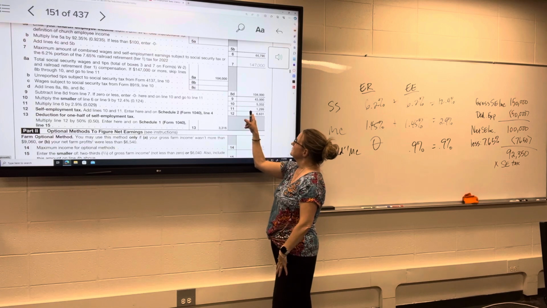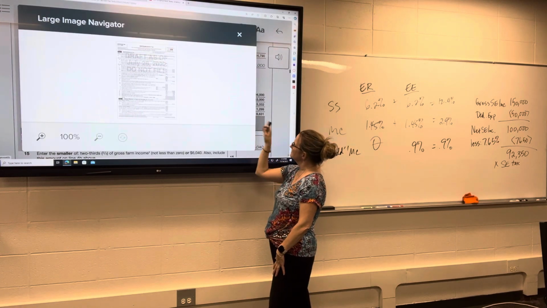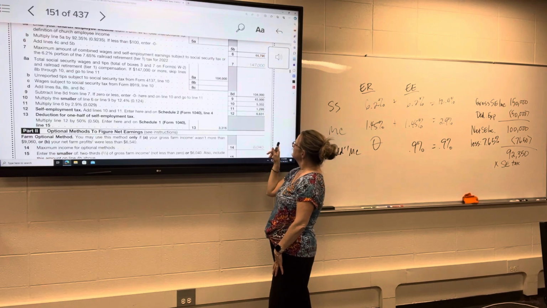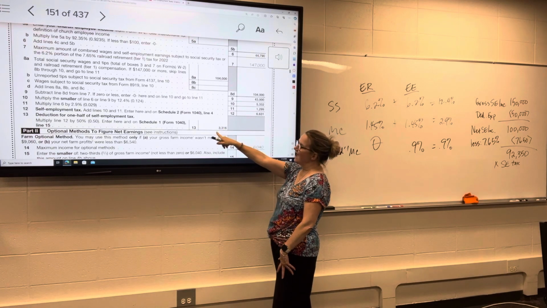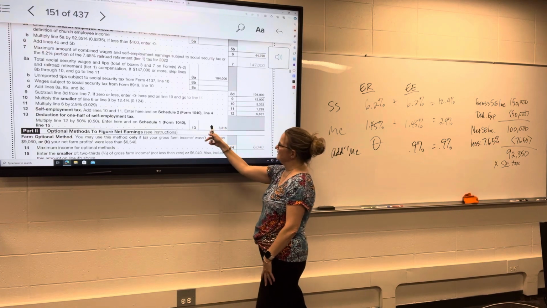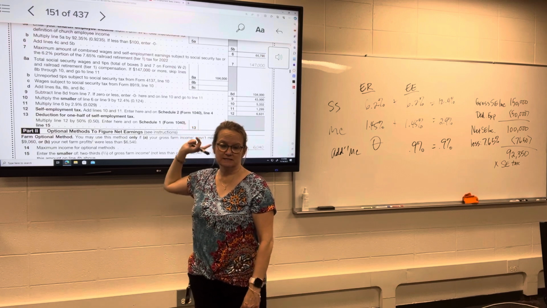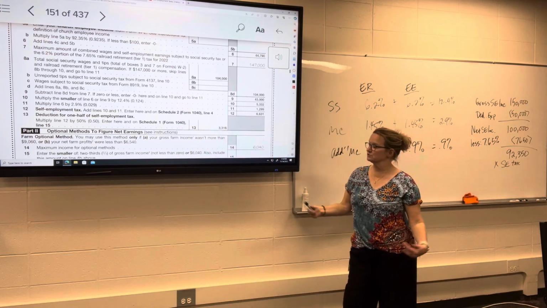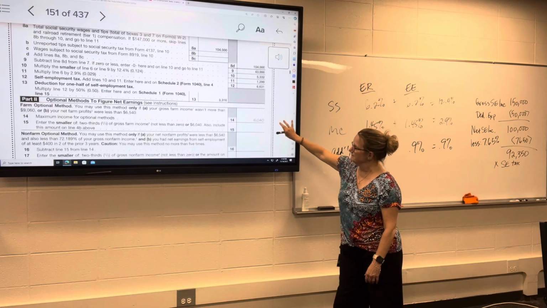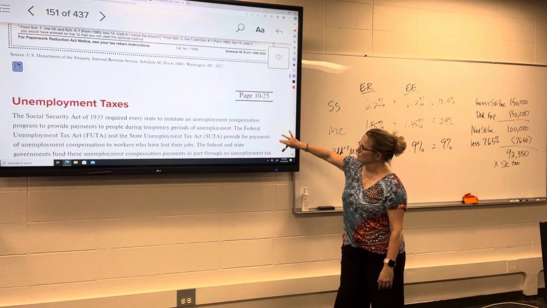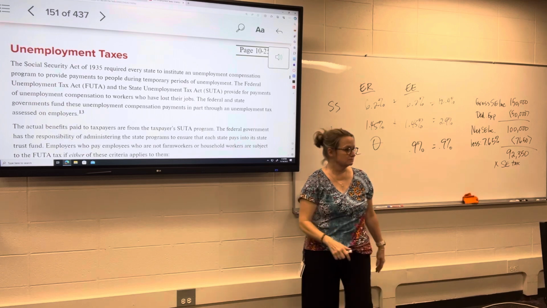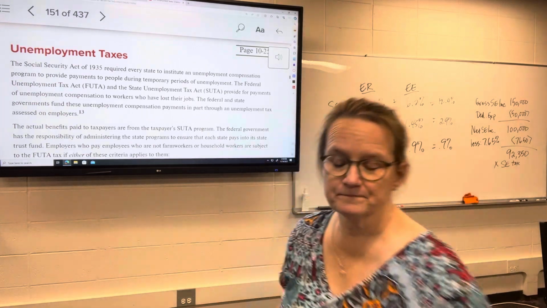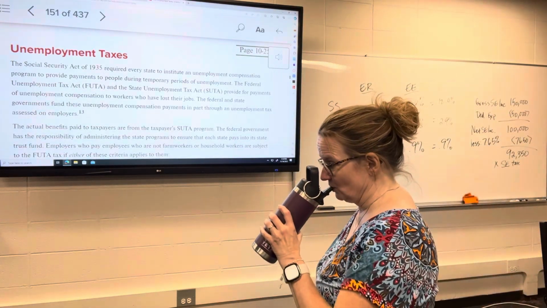Remember, the calculation for the tax is done here. And then taking 1/2 of that, that's the amount that is going to be an adjustment on the Schedule 1 that's going to reduce our adjusted gross income. Questions?